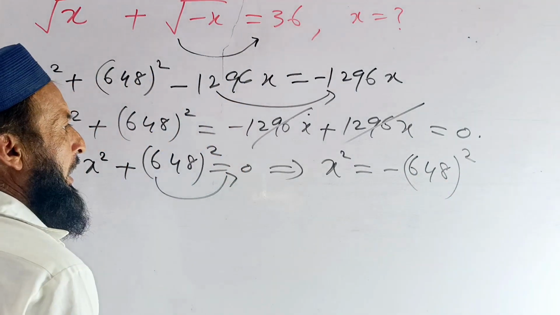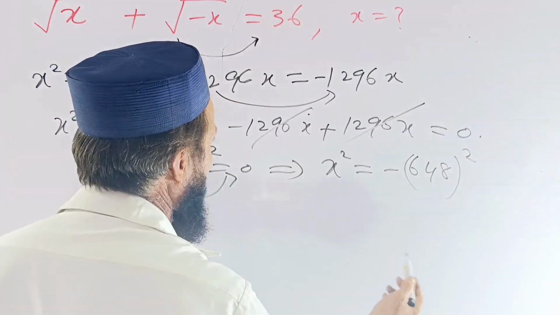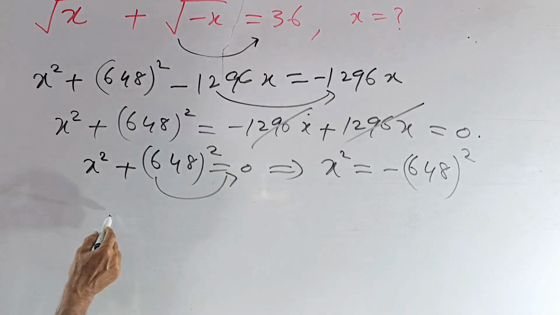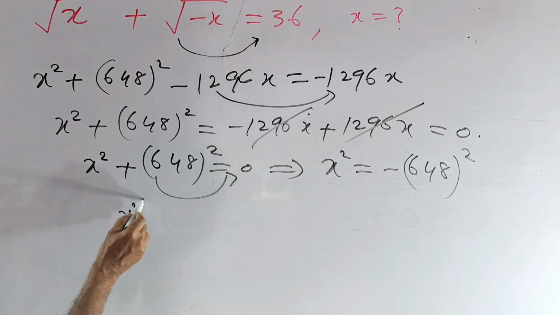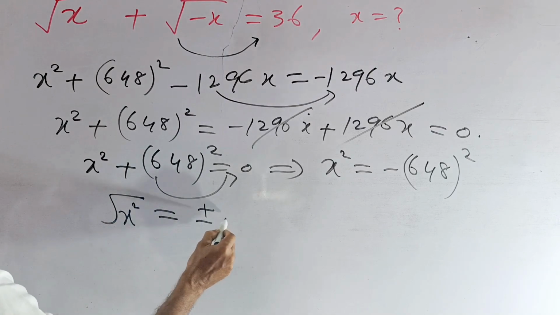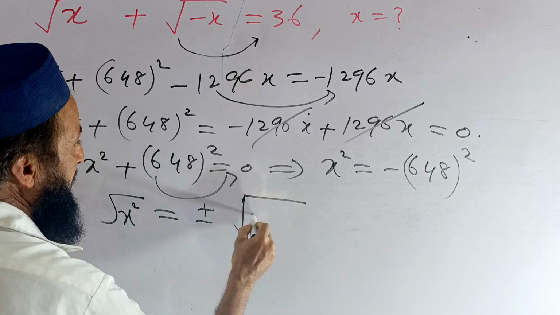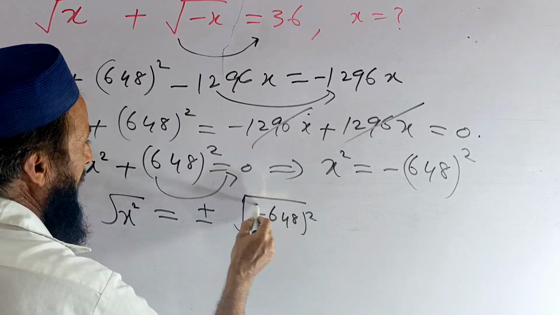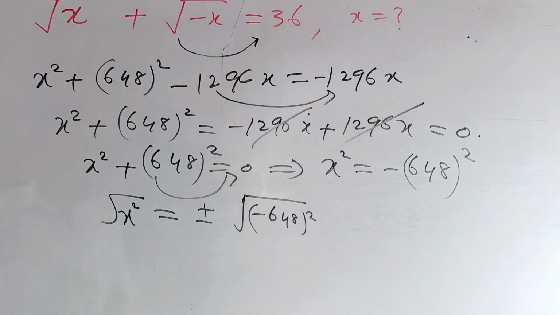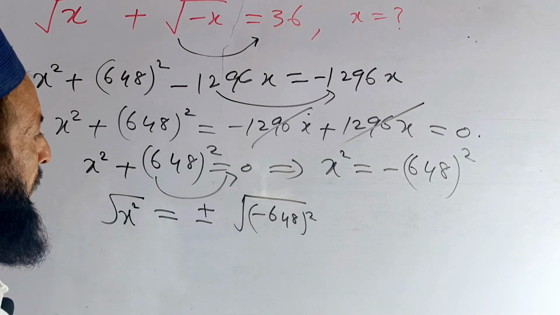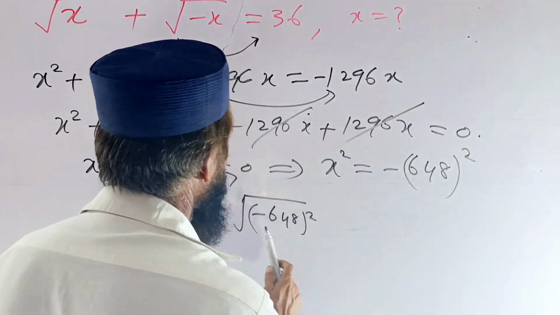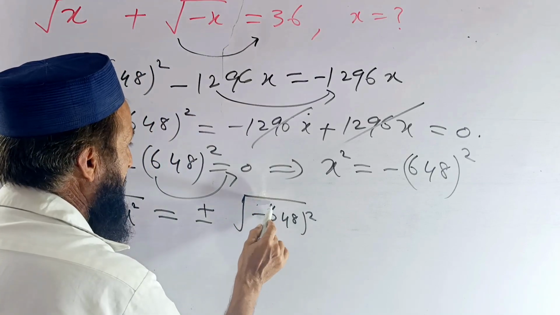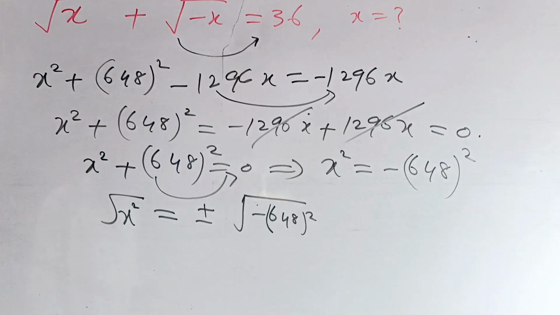So now we take square root on both sides of this problem, plus minus. The square root of minus 648 whole square, so this will be in the square root problem. Here the minus sign is outside of this value.